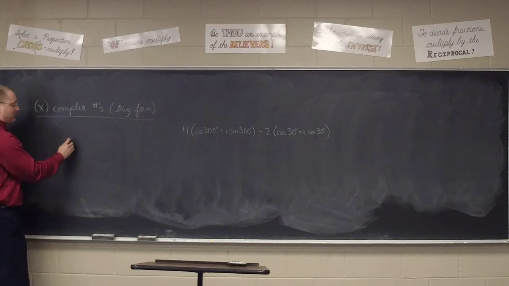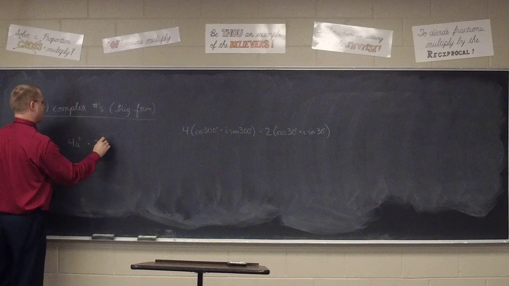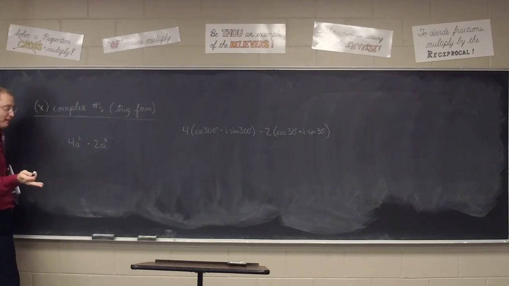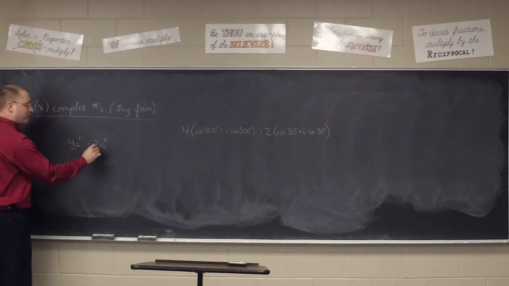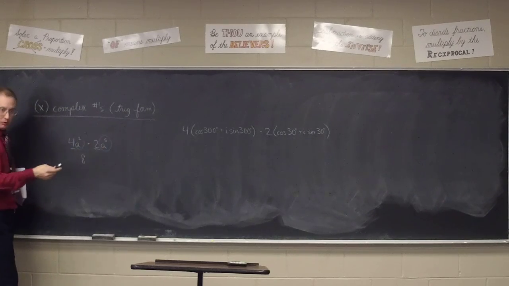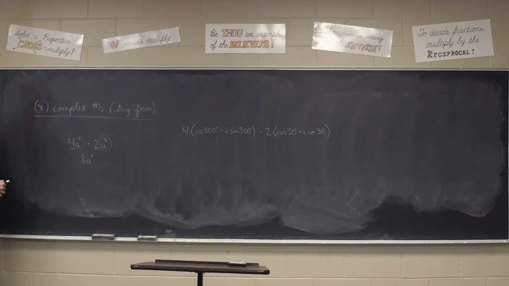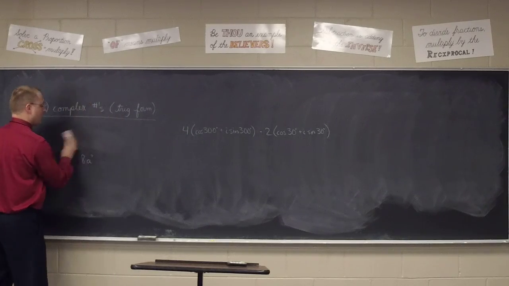You'll recall if we had something like 4a squared times 2a to the 5th, we said we'd multiply the coefficients, but we'd add the exponents, right? It's not terribly different to multiply complex numbers when they're in the trig form. Three simple steps.